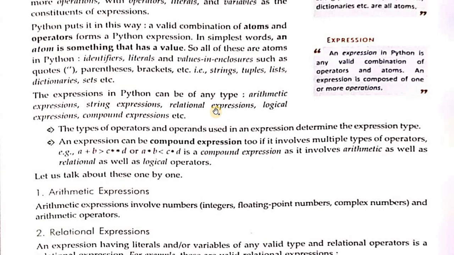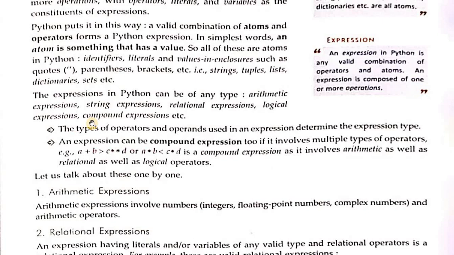The expression in Python can be of any type. Arithmetic expression means only arithmetic operators and values are used in that expression. In a string expression, string values are used. Relational expression means only relational operators are used. Logical expression means logical operators are used.